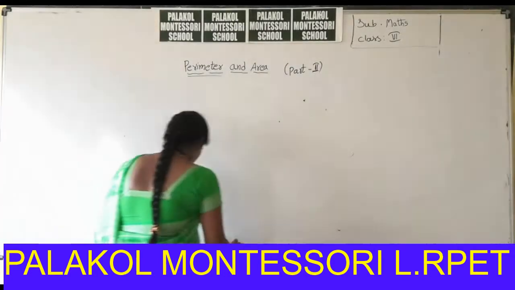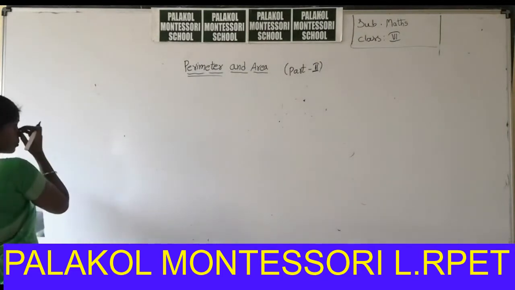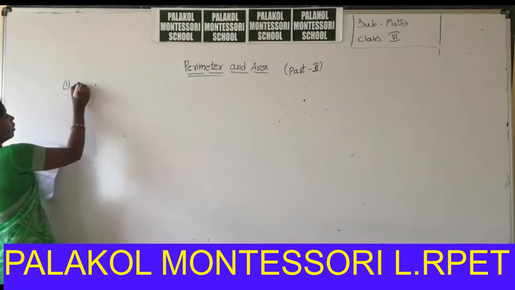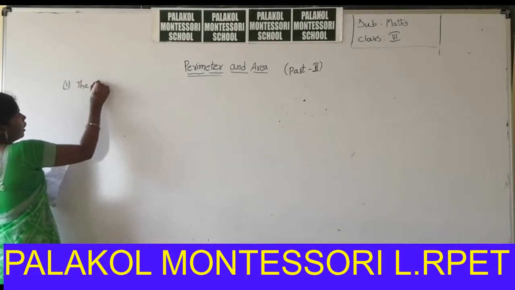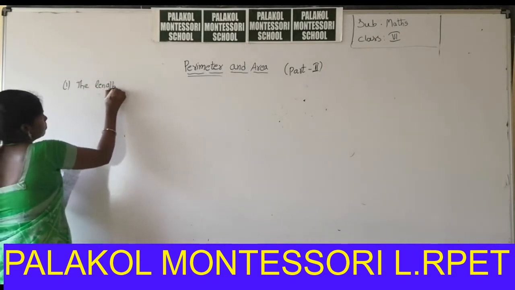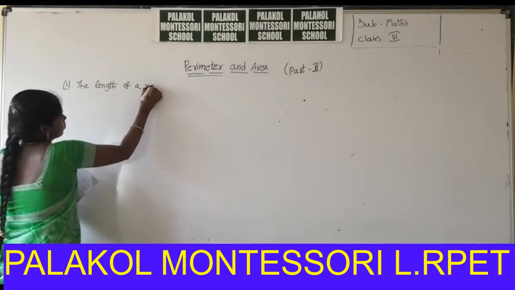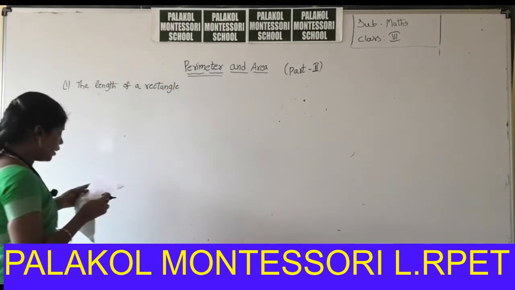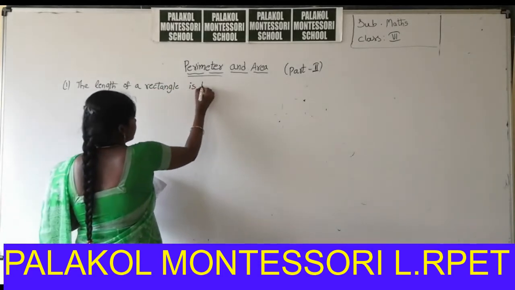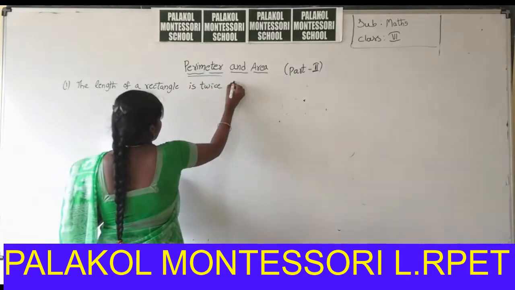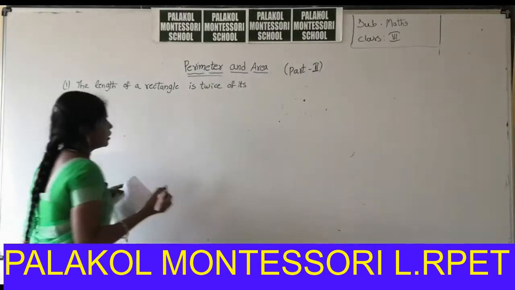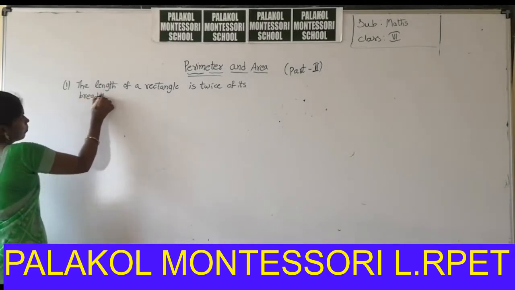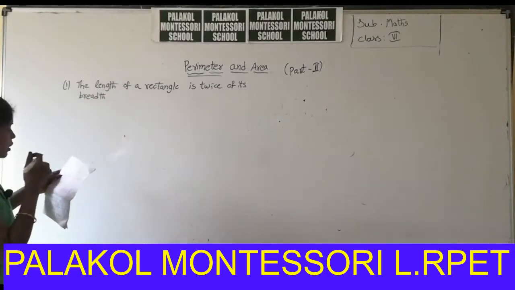So we can do some problems. The length of a rectangle is twice its breadth.